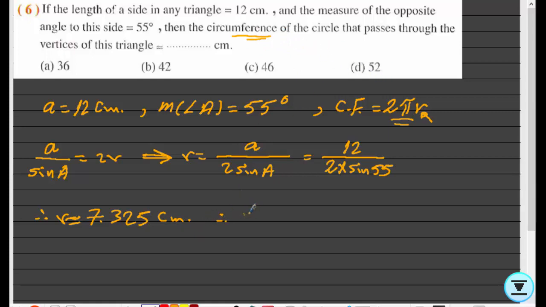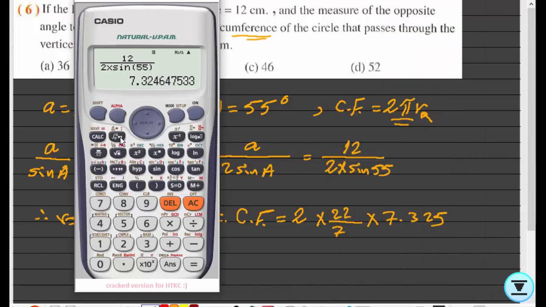So the circumference equals 2 pi r. 2 pi, you can consider it 22 over 7. Okay, 22 over 7 multiply the radius length 7.325, and we will go to calculator and don't delete it, keep it. Okay, keep this number and I'll multiply it by 2, multiply 22 over 7.